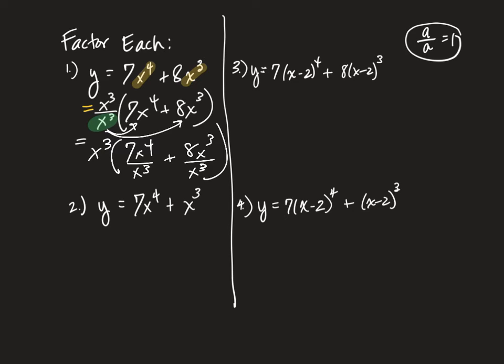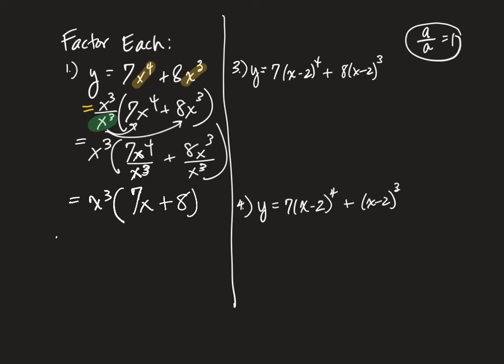Let me move this guy down here. Didn't give myself quite enough room. And now 7x to the 4th over x cubed simplifies to 7x, plus 8x cubed over x cubed is 8.